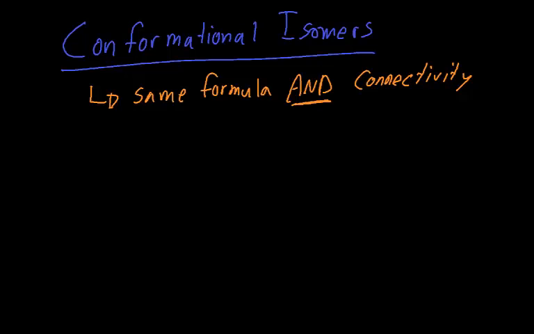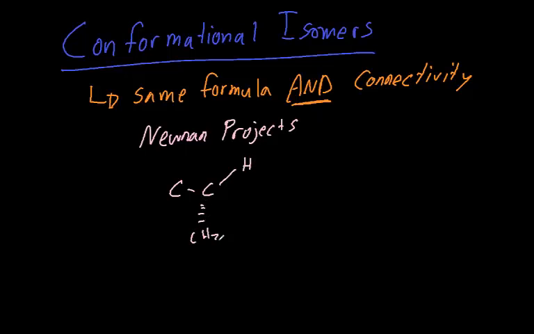And the way you should remember conformational isomers is with Newman projections, which you should be familiar with. But let me briefly go over Newman projections. Newman projections are, remember, when we have kind of this sawhorse molecule that's in 3 dimensions.